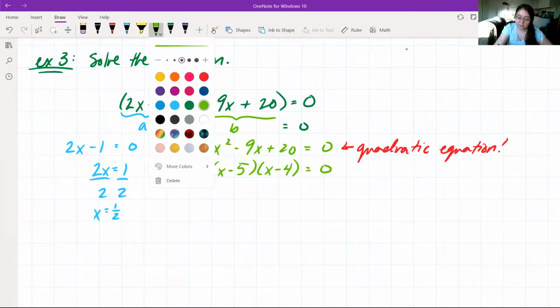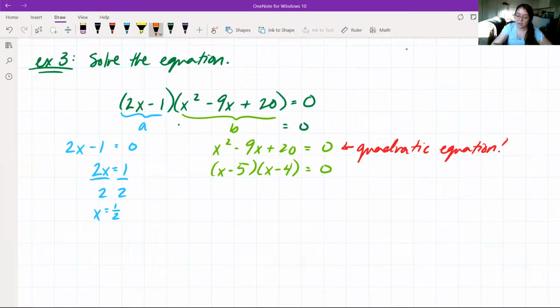So now we'll do the same thing. We'll use our zero factor property again. So we'll say that x minus 5 is a, x minus 4 is b, which we're saying a times b is equal to 0. So a is x minus 5 is equal to 0, b is x minus 4 is equal to 0.